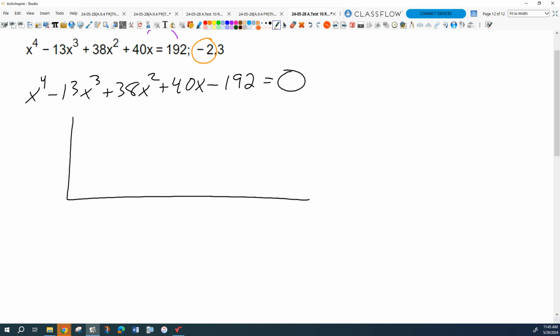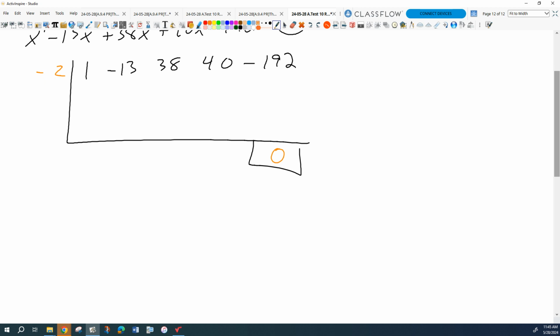What number goes out front? Negative 2. What are the coefficients in the top row? And what number goes in the remainder box? 0.